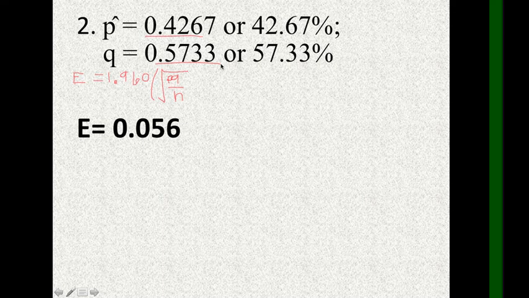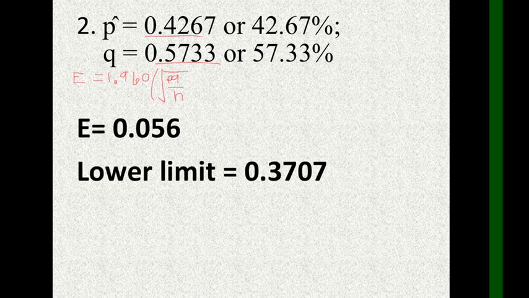and you will get 0.056. From the E, we have now the lower limit, which is 0.3707. Paano nakuha yan? So we have P minus E, right? For the lower limit. And P is 0.4267 as given.